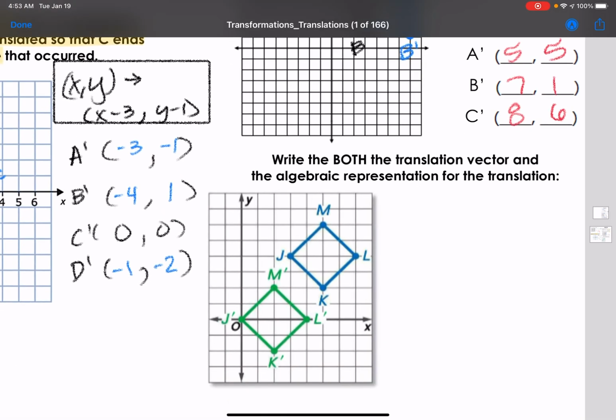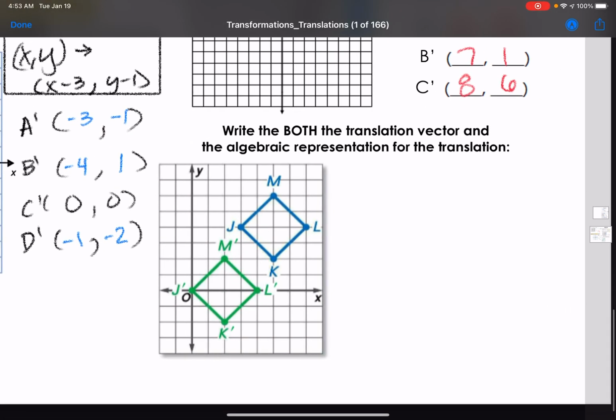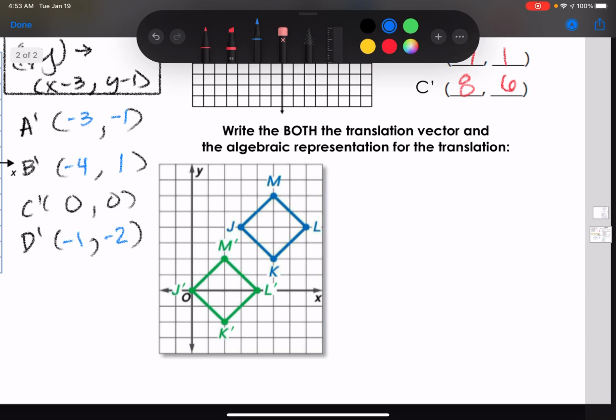All right. Now for this one, I've given you a graph, and I want you to write both the translation vector and the algebraic representation for this translation. So, I want you to look right here. Here is our pre-image. And that's because it doesn't have these prime marks right here.